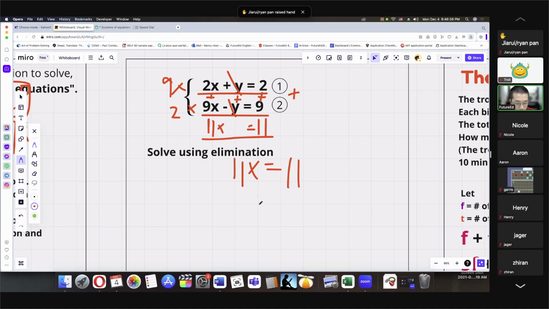And how do we find x? Divide by 11. Exactly. We can divide both sides by 11 to just get x equals 1. Awesome. So we know x is equal to 1. How about y?